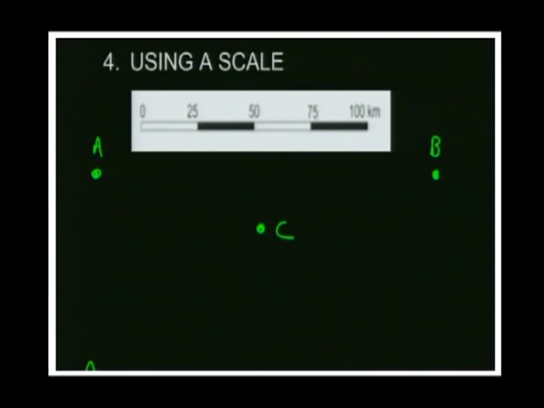Now I'm going to take this entire image and reduce it. I want us to see what's going to happen to the distance between town A and B, between town A and C, and especially what's happening to my bar scale, or what's going to happen, if anything, to that bar scale.